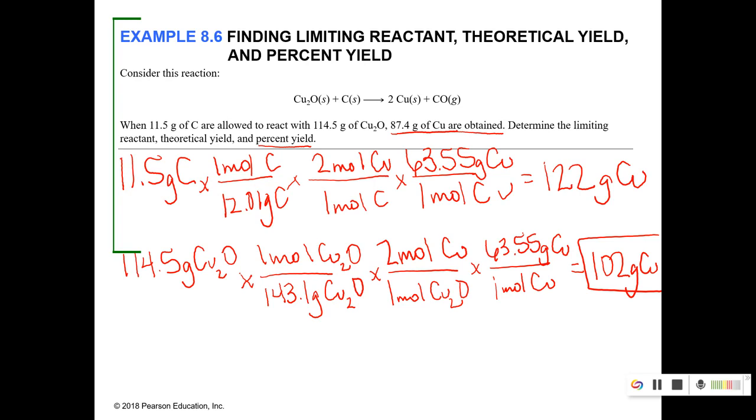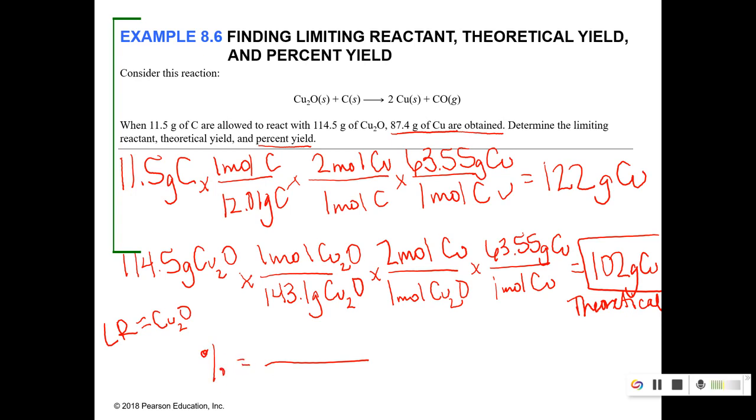Okay, so our smaller value is our theoretical yield. Okay, our limiting reactant is the reactant that gave us that.